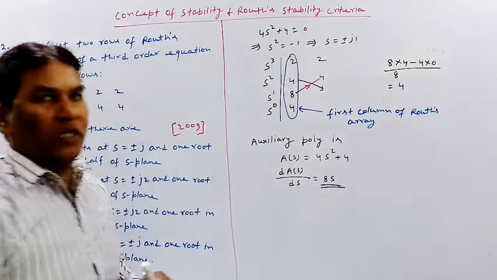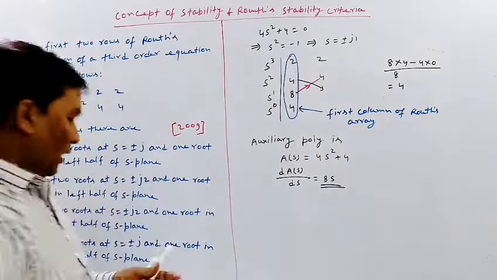So now we have to see for sign change in first column of Routh's array, whether there is any sign change or not. So now we can see that this is plus 2, this is plus 4, this is plus 8 and this is plus 4. So there is no sign change in first column of Routh's array.